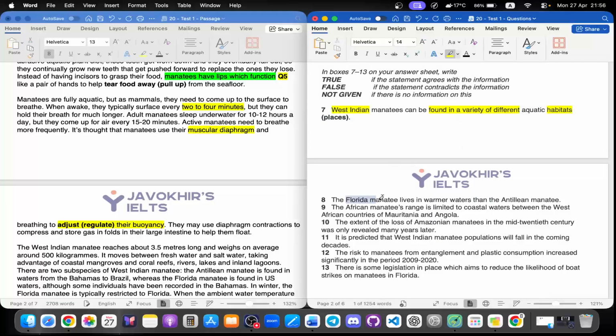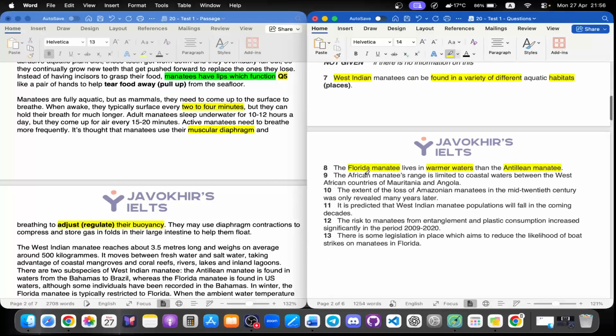The Florida manatee lives in warmer waters than Antillean manatee. African manatees range is limited to coastal waters between the West African countries of Mauritania and Angola. The extent of the loss of Amazonian manatees in the mid 20th century was only revealed many years later. It is predicted that the West Indian manatee populations will fall in the upcoming decades.